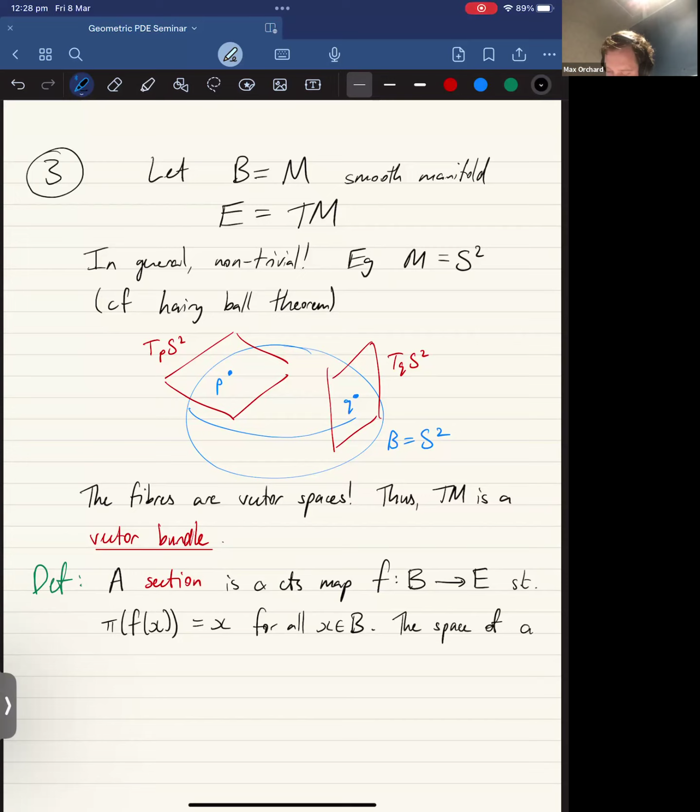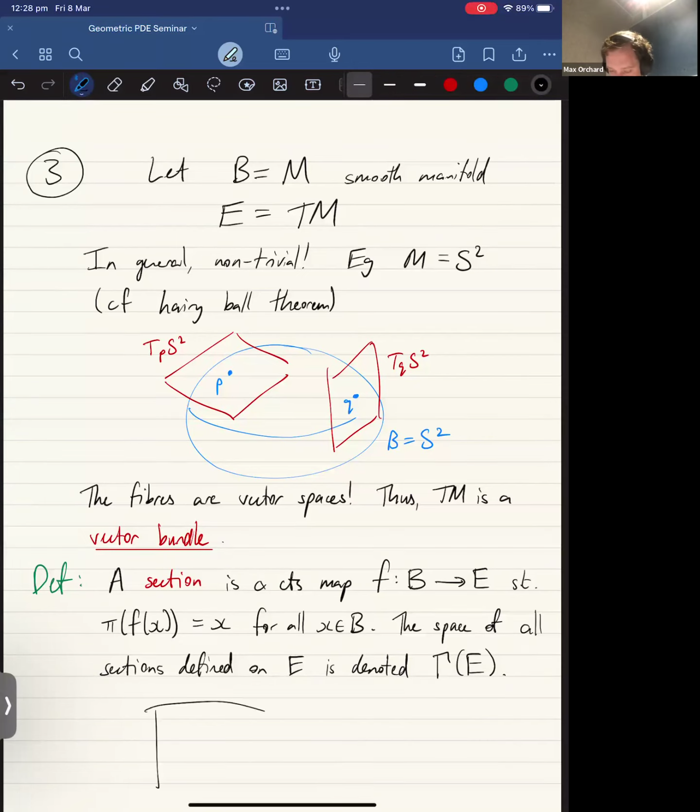The space of all sections defined on E is denoted with this capital gamma here.